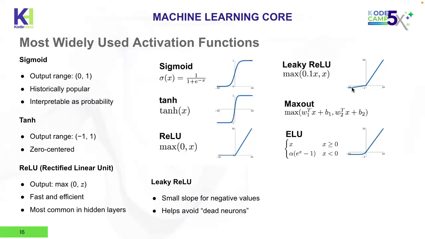So it's actually increasing in the negative direction, but at a very low rate. In other words, it's attenuated in the negative direction, but in the positive direction, it gets the full signal. The ELU is also another version, right?